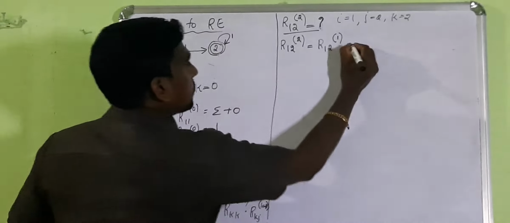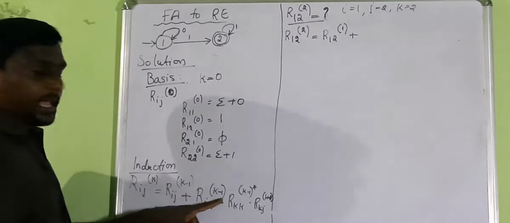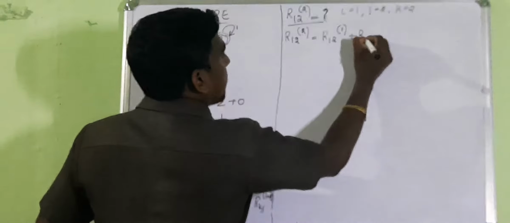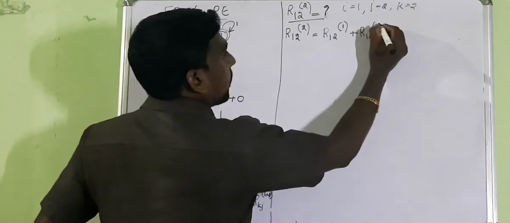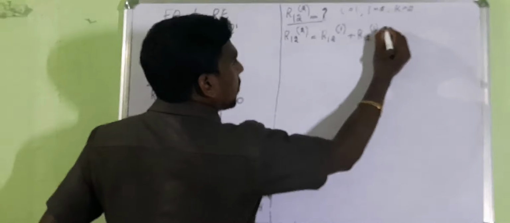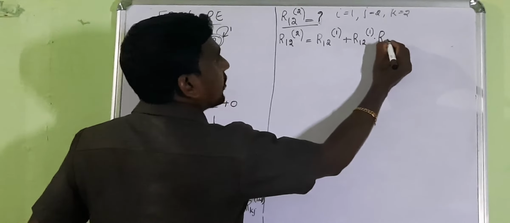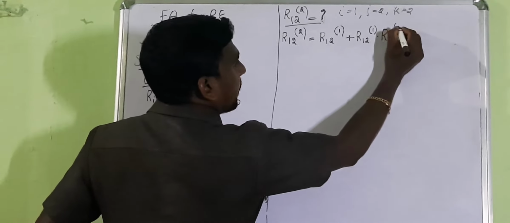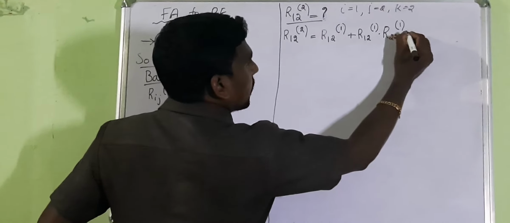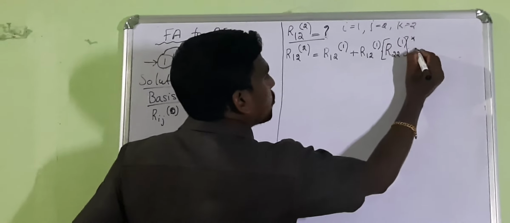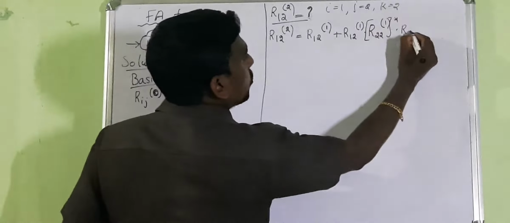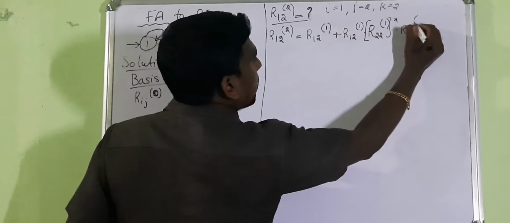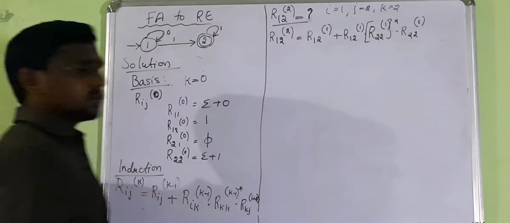Then plus R_ik power k minus 1: i is 1, k is 2, so R12 power 1, into R_kk power k minus 1, which is R22 power 1, the whole star, into R_kj power k minus 1: k is 2, j is 2, so R22 power 1.